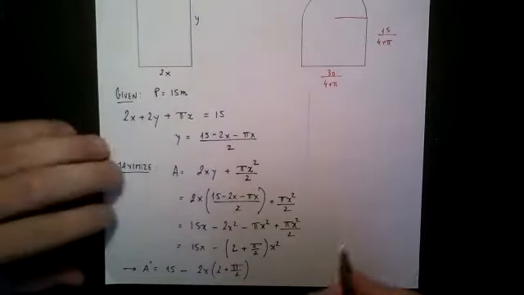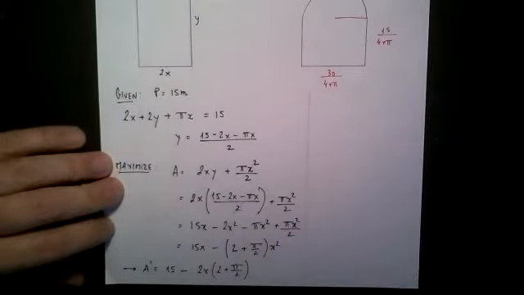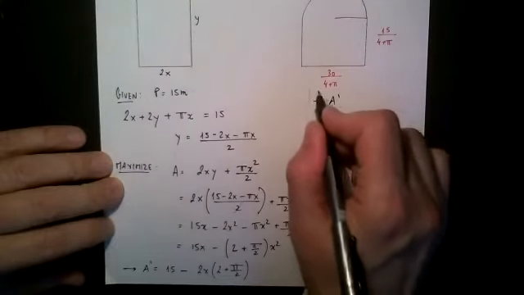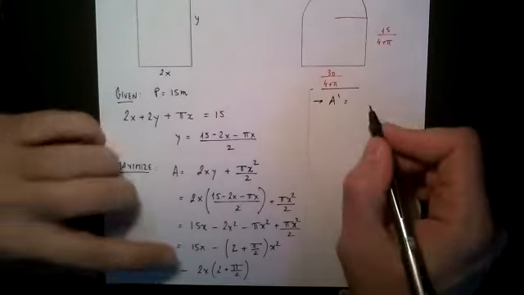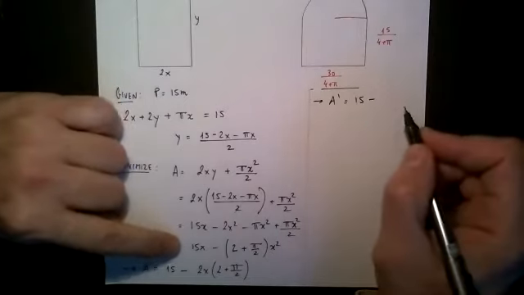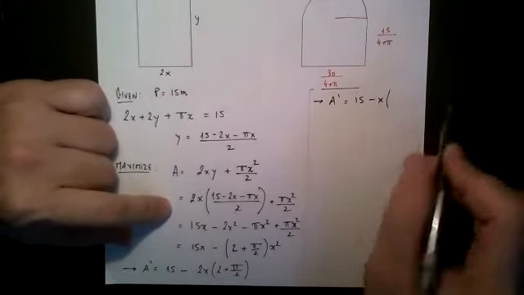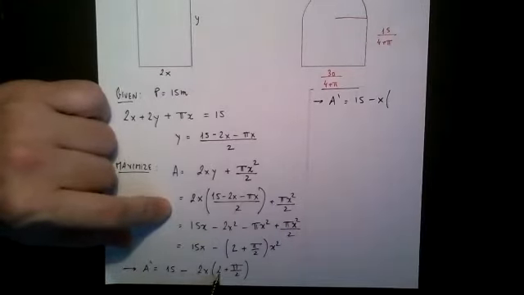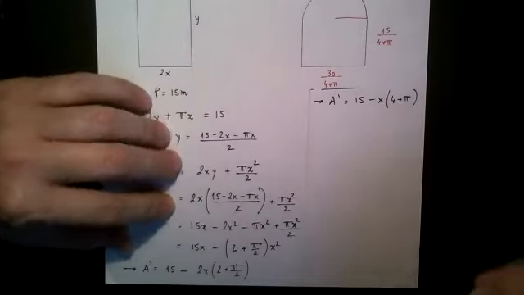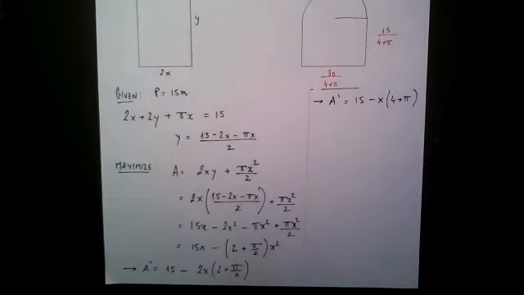And if I simplify this, I get A prime equal to 15 minus x times 4 plus pi. I just distributed the 2 inside.